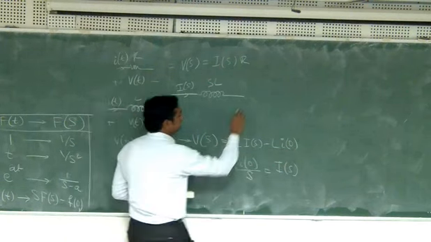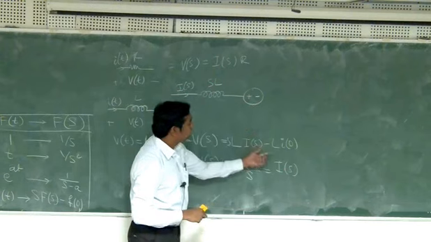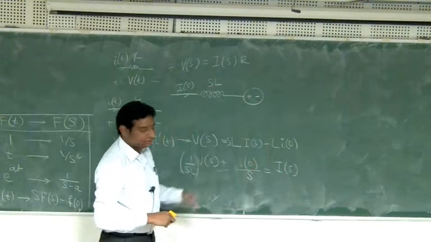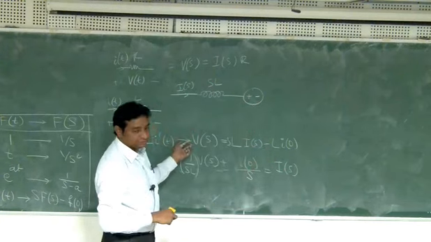So to represent that, I will have to introduce a voltage source, and this side is plus, this side is minus, because it is subtracting from the overall V of s. So this will be L into I of 0, and this voltage I will call plus minus V of s. So this total voltage is this voltage minus this voltage. So like that way you have to interpret this. I hope it is correct with the signs, plus minus.